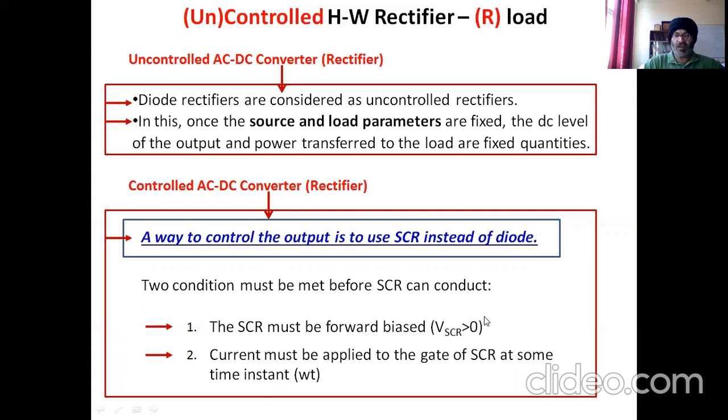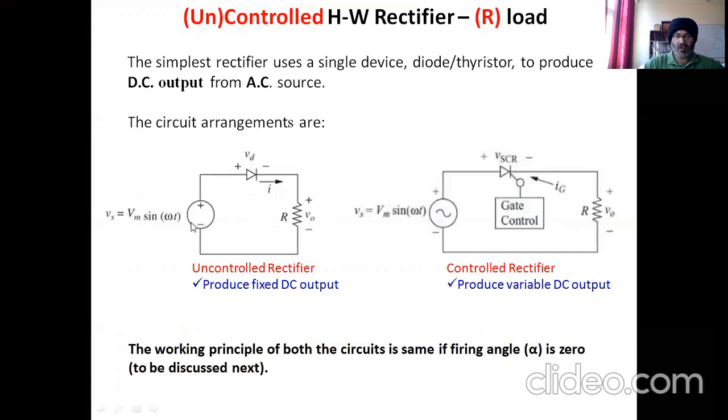Second, it should be fired at an angle alpha so that the thyristor starts conducting. Now, we put these two half-wave rectifiers side by side just to show that by replacing the diode with the thyristor, or vice versa, we can convert uncontrollable into controllable and vice versa.